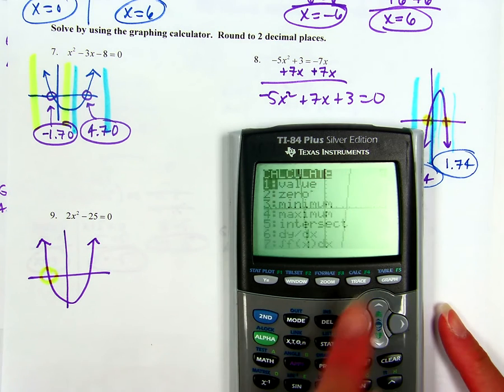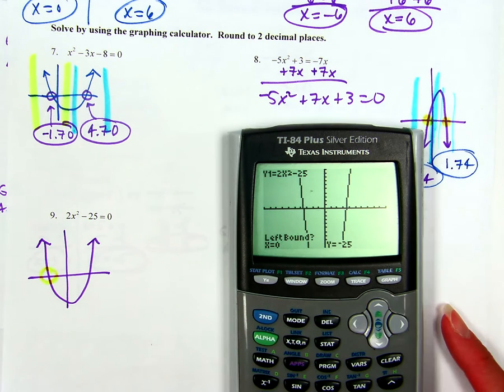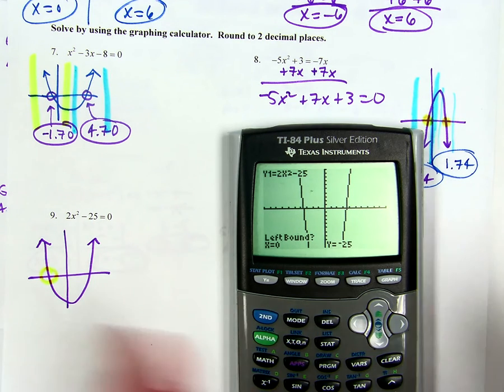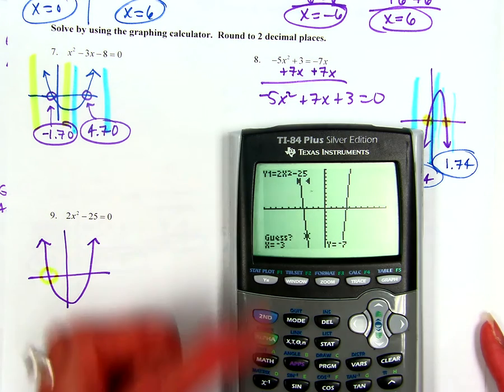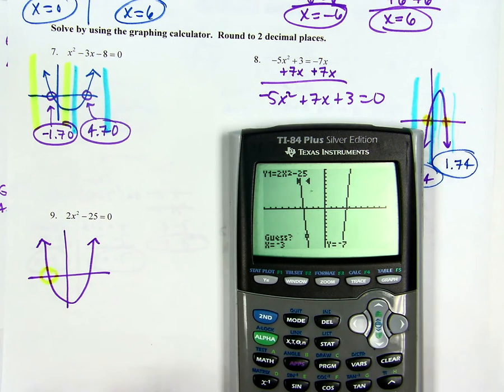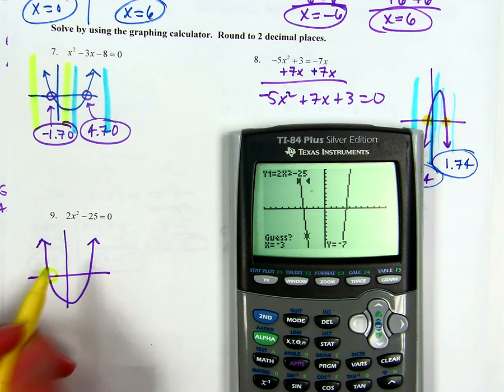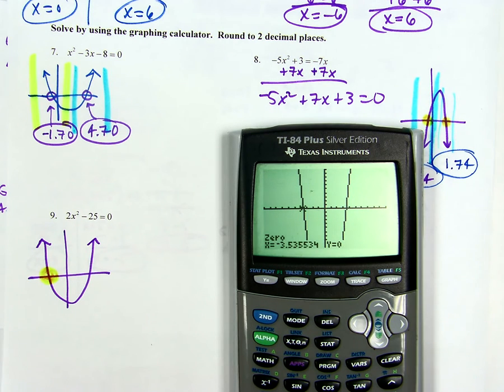If you hit second trace and 0, it asks you for a left bound. Well, instead of actually moving left and right, why don't we just put in, well, I know it's in between negative 4 and negative 3. So now I've told the calculator, without having to use the arrows, that I need to go between negative 4 and negative 3. Okay, hit enter.